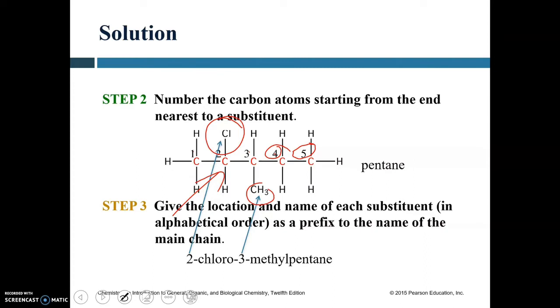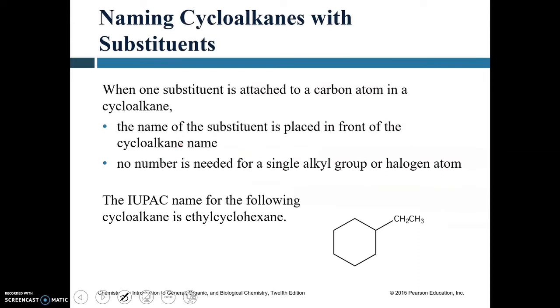So you end up with 2-chloro-3-methylpentane. So once again, you number in a way so that the first carbon happens to be at the end that is closest to any substituent.